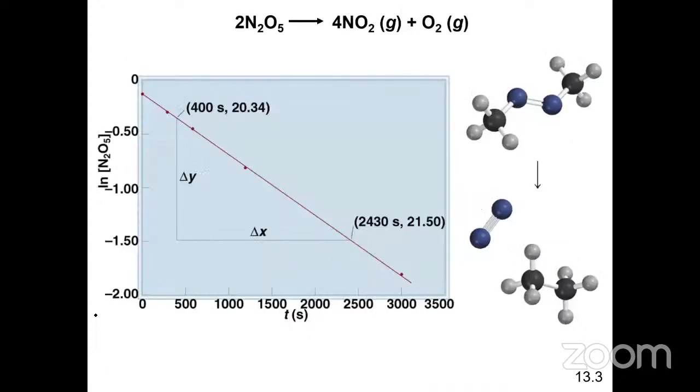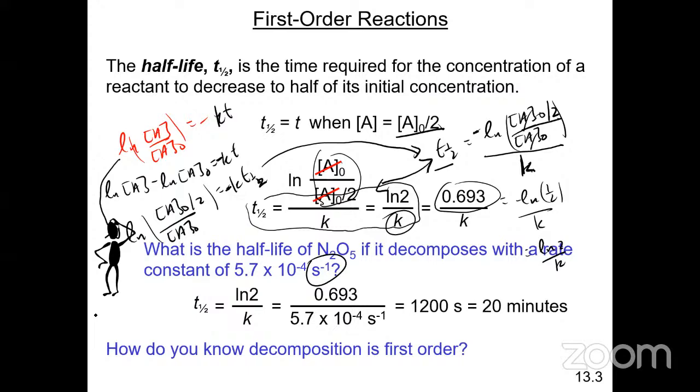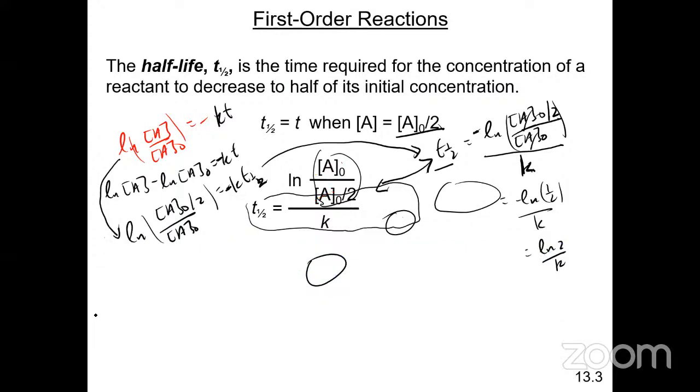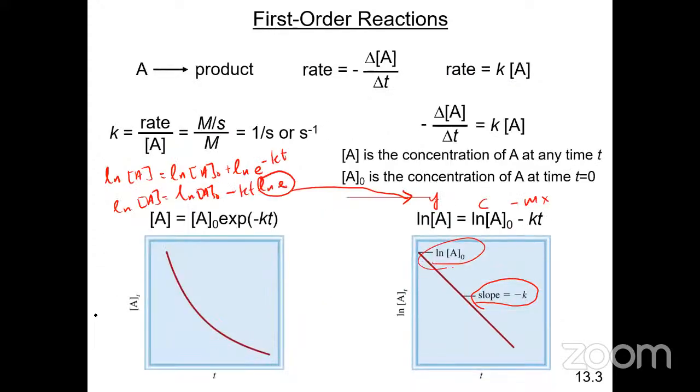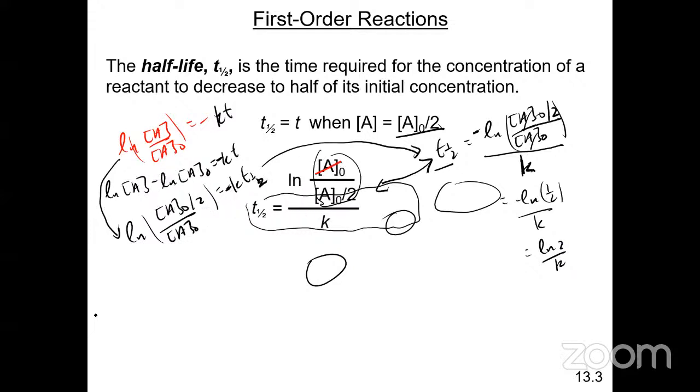Okay, so let's look at this particular plot. I think this is dealing with the same reaction. As I said before, for a first order reaction, if you plot the natural log of the concentration on the y-axis versus time on the x-axis, you're going to get a negative slope, where the slope is equal to minus k and the intercept is equal to the natural log of the initial concentration of the reactant.